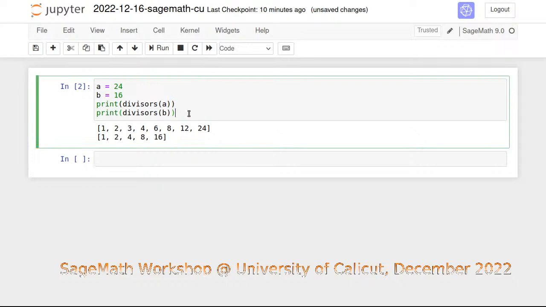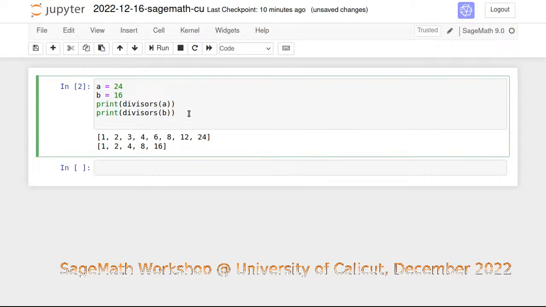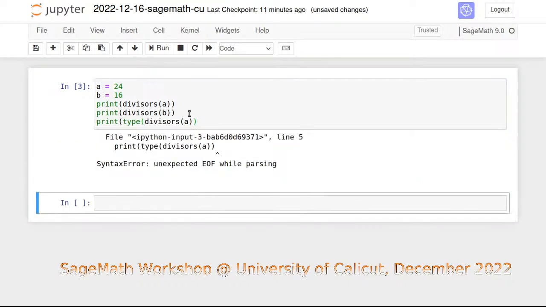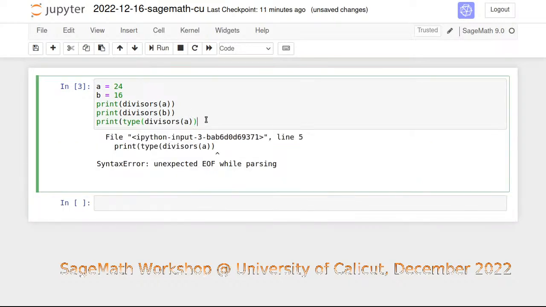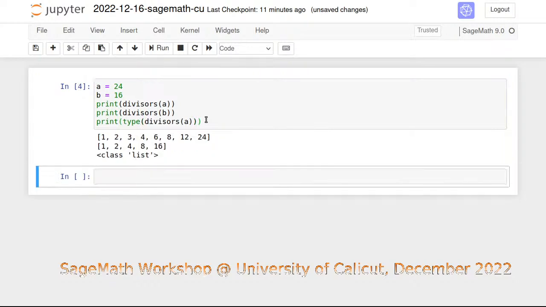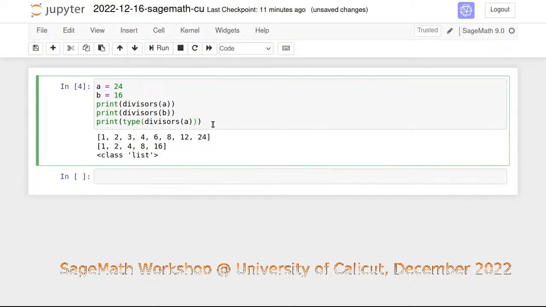So we know that the GCD is nothing but, we are supposed to take the divisors of a intersection divisors of b. What type of objects these two are? Let us see that. Are they sets? They seem to be lists.